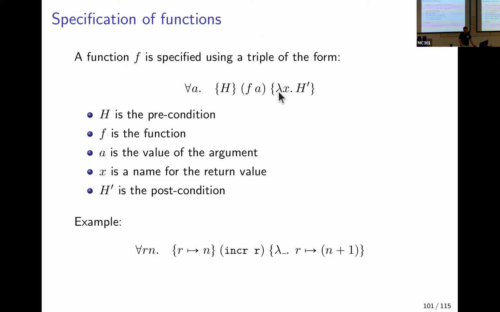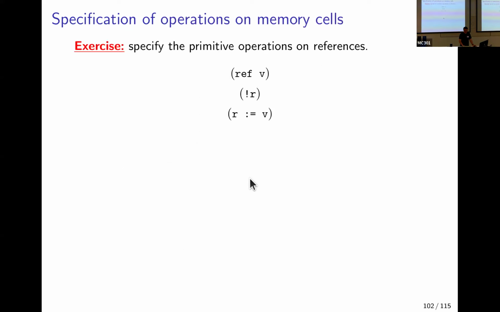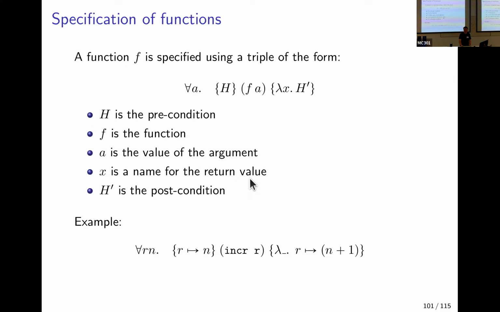And then you specify f of a. It's basically saying your function is specified only when it's called with some argument, and then you say pre and post. So for example, the specification of increment r is: r points to n, and afterwards r points to n plus 1, returning nothing. And that has to work for every r and n.